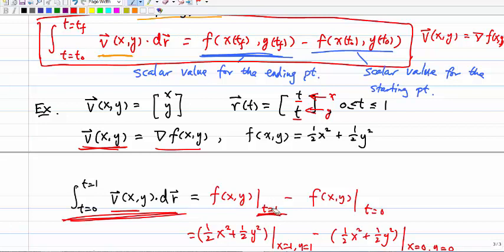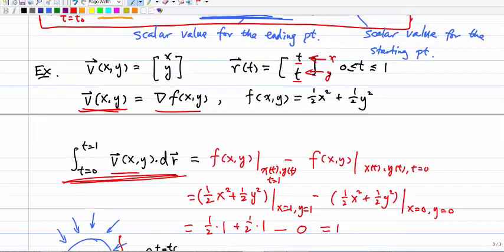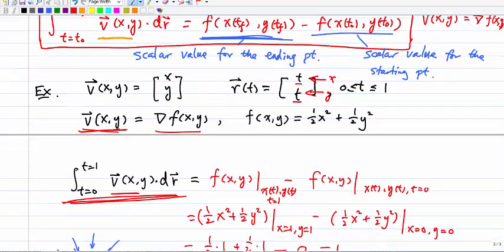You can just replace it. When t is equal to 1, my ending point, x(t) is 1 and y(t) is 1. So I have one half x squared plus one half y squared, with x equal to 1 and y equal to 1.